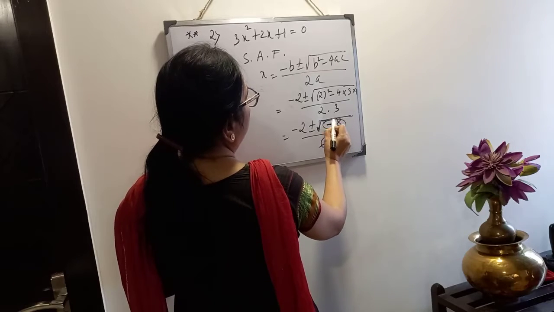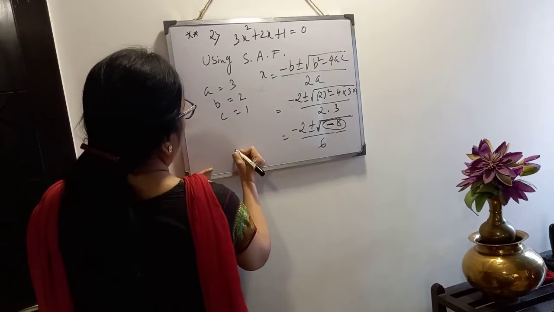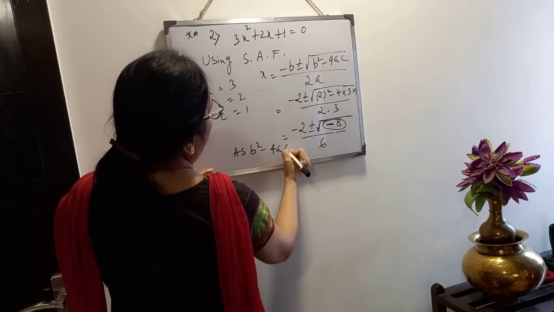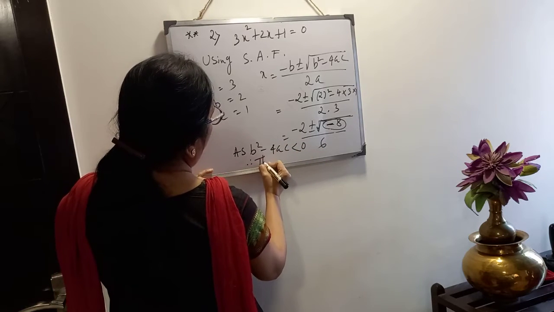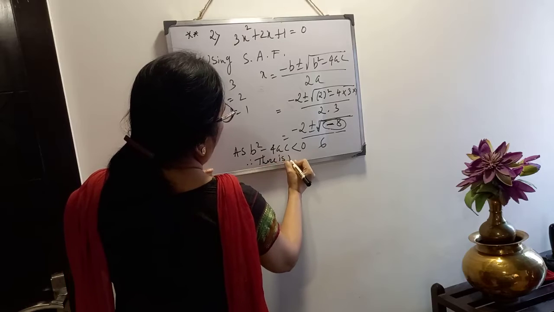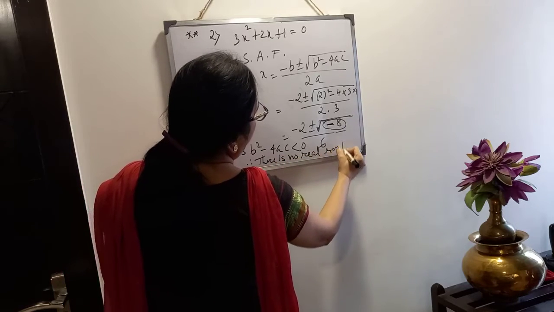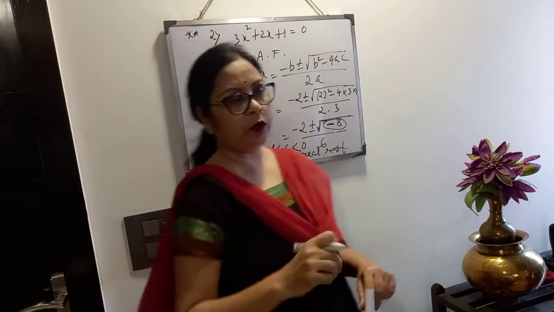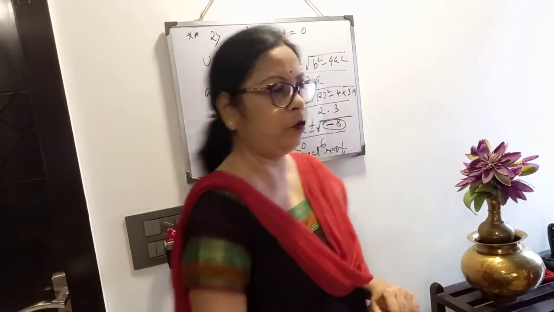So here, as negative is coming under root, you will write as b square minus 4ac is less than 0, that means negative. Therefore there is no real root. Clear? So directly when you will get under root, you will get negative. You will write down directly that there is no real root.